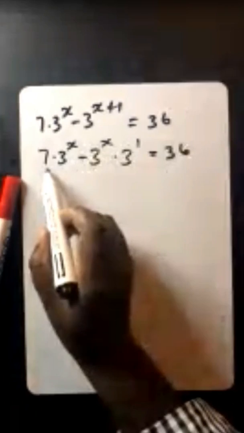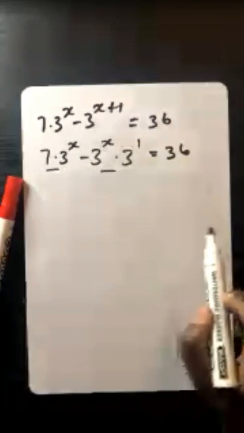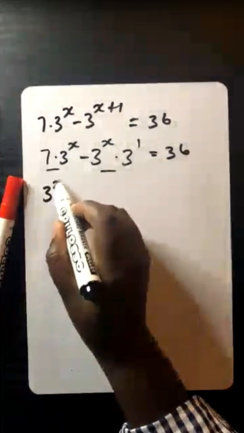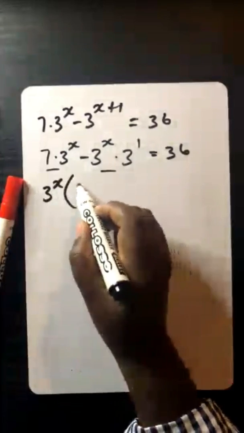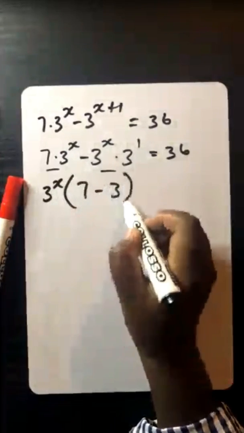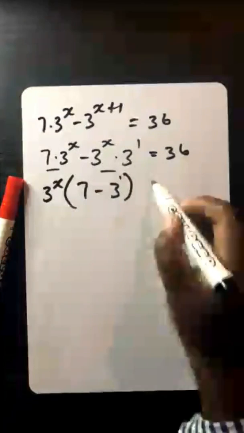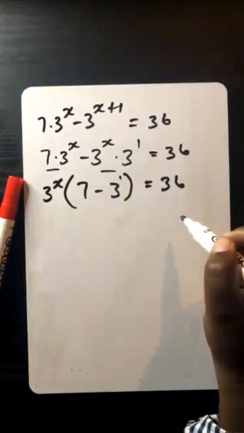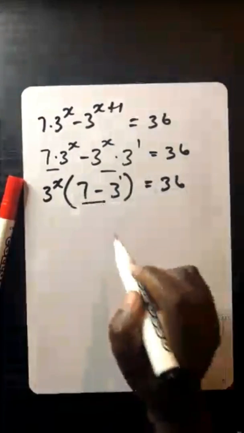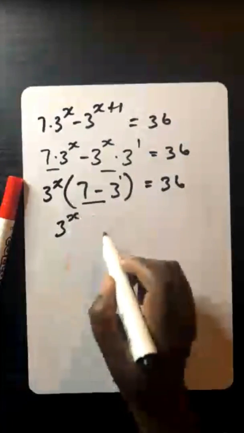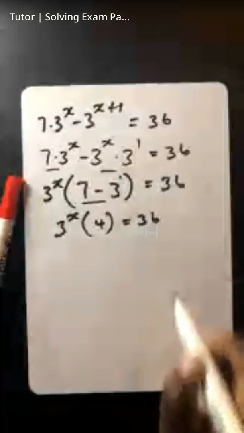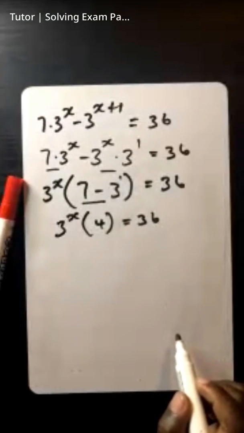So on this side, we've got a like term, which is 3 to the exponent x into 7 minus 3. Remember, to the exponent 1 is just 3. This is equal to 36. So you can work out what is in that bracket, which means you've got 4 inside, it's equal to 36.